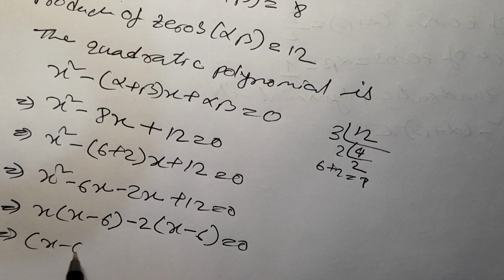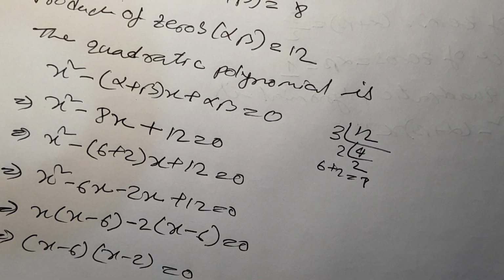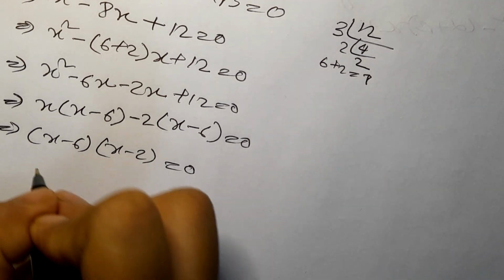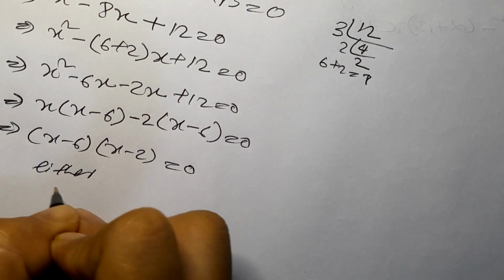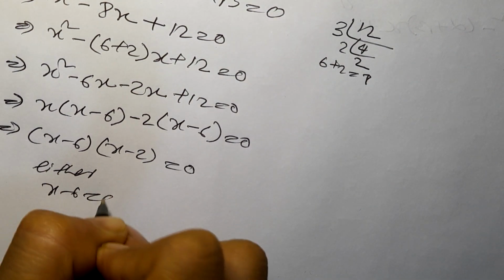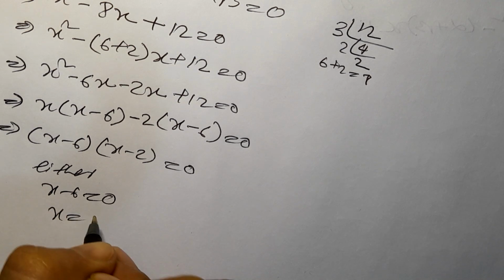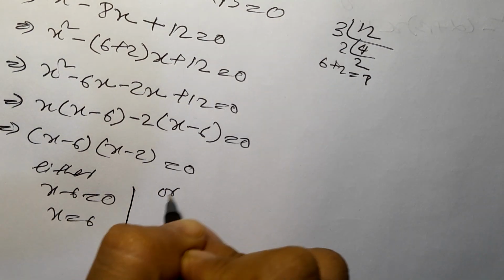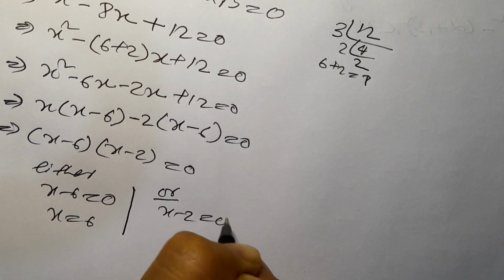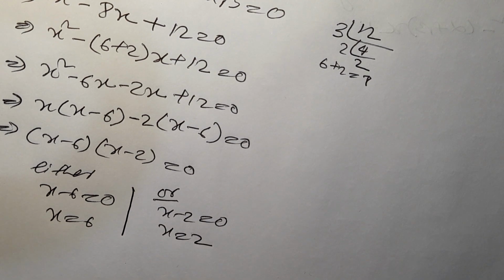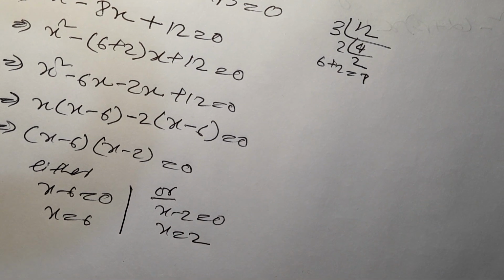So x minus 6 and another is x minus 2. So we go for either or. Either x minus 6 equal to 0, so it will give x equal to 6. Or x minus 2 equal to 0, x equal to 2. We got the value of x, that is the zeros of the polynomial.